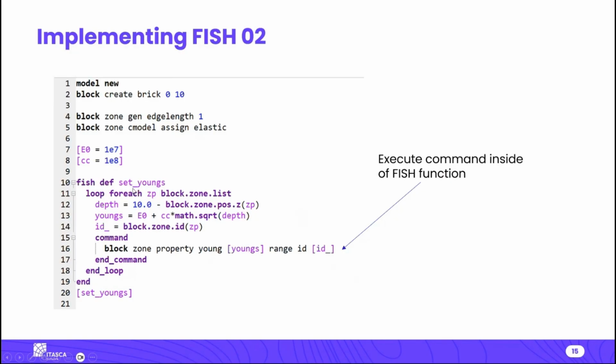Every individual zone has a different Young's modulus according to its depth. So you calculate the depth, you calculate the Young's modulus, you get the zone ID, and you give this command to change the Young's modulus. This is a dumb way to do it. You wouldn't actually specify a command for every single zone. You can just use a fish function to specify the zone Young's modulus. But this is just an example to show you how you can embed a command within a fish function.